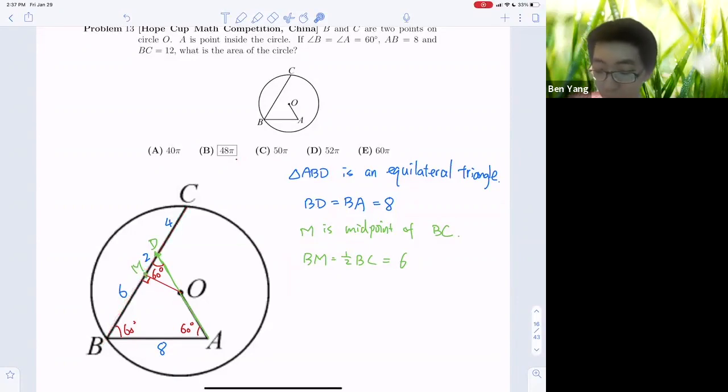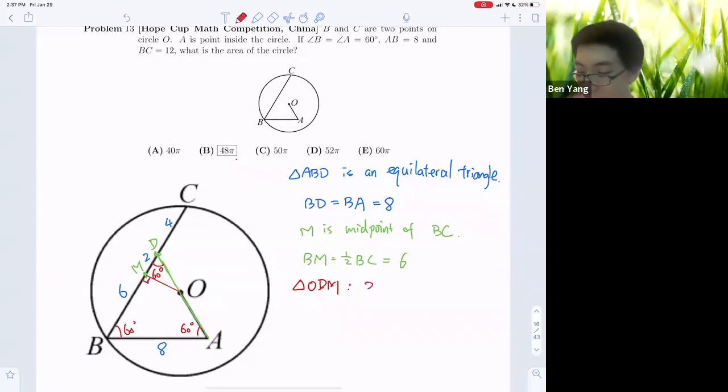All right, now we have a nice right triangle there, the triangle ODM. We know that MD is equal to 2. And also, this is a 30, 60, 90 degree triangle.